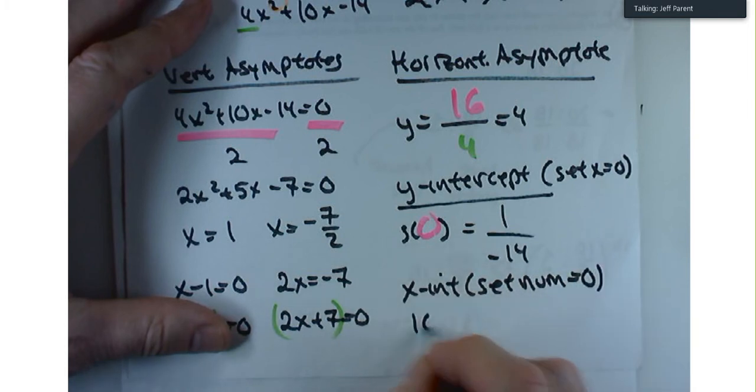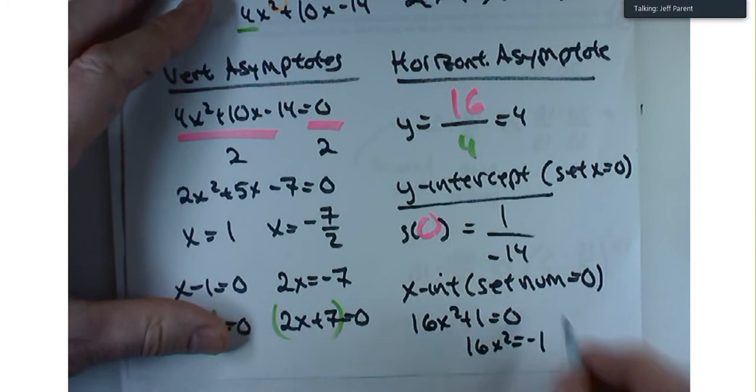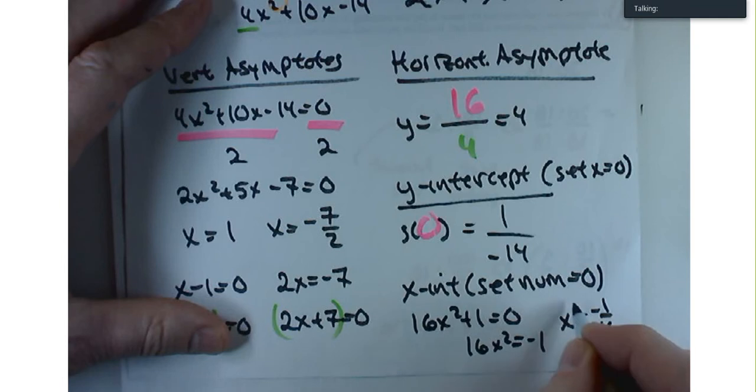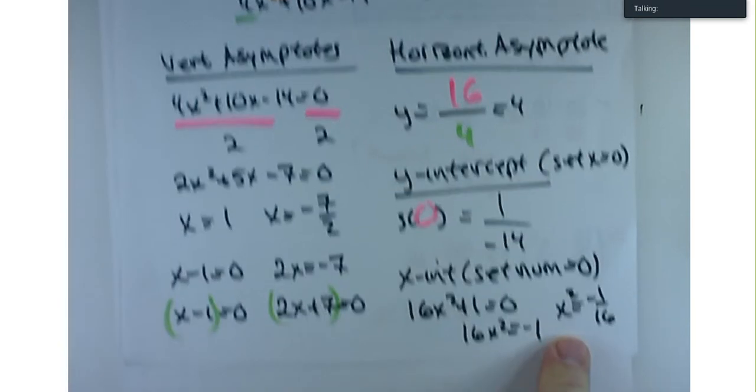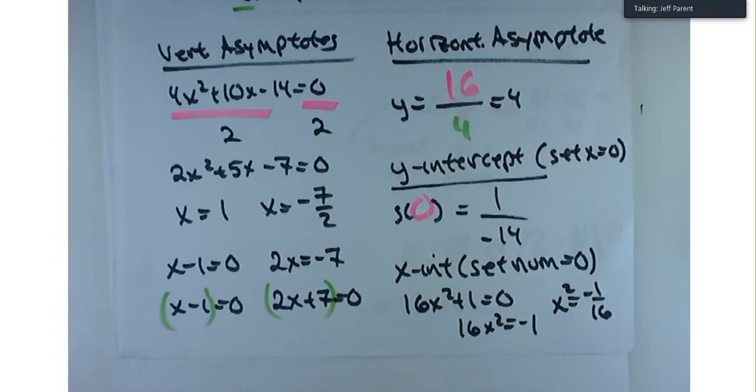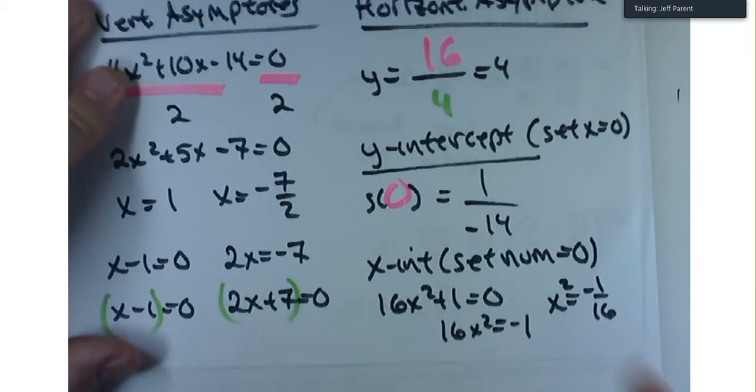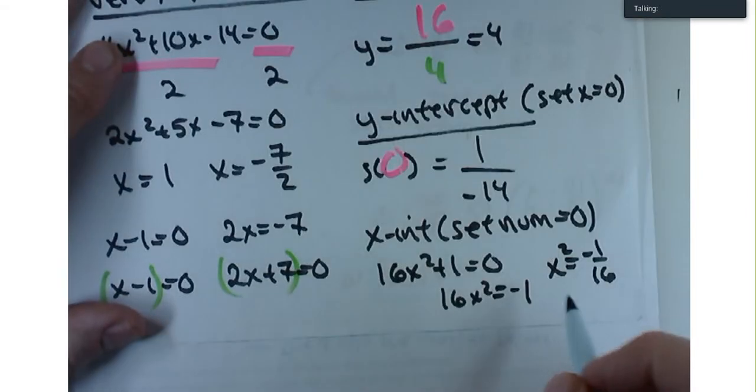As far as our x-intercepts, I'd have to set the numerator equal to 0. And that'd be 16x squared plus 1 equals 0. And hopefully you wouldn't go farther than this to realize, what? If you had x squared equals negative 1/16, there's no real solution.